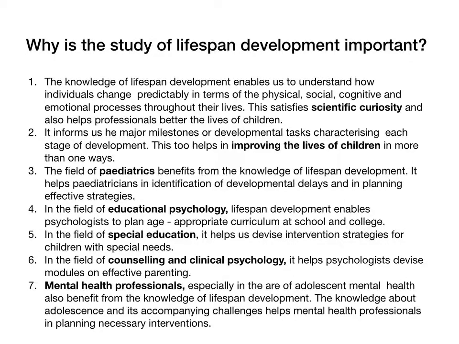For example, adolescence. Adolescence is said to be a challenging phase for both the child and the parent because there are a lot of physical, mental, and also emotional changes going on within the child. So this stage becomes a challenging stage to handle.